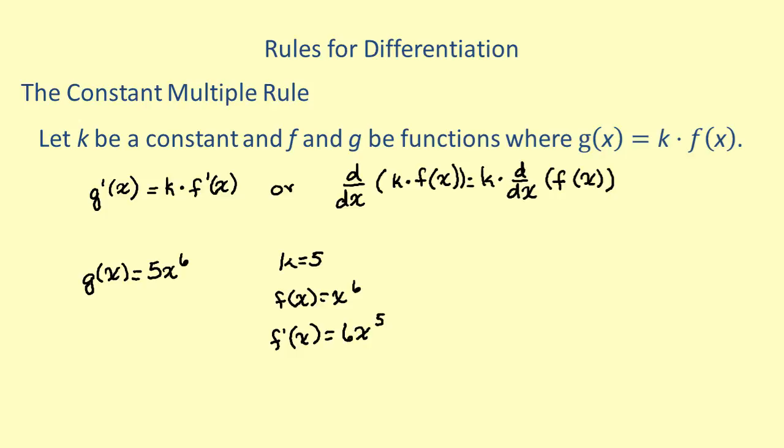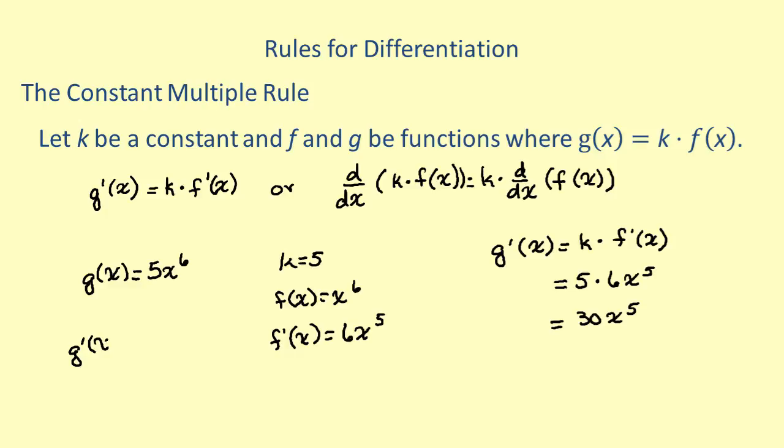Now substitute these values into g prime of x equals k times f prime of x to get 5 times 6x to the 5th. Simplifying this results in 30x to the 5th. Therefore, g prime of x equals 30x to the 5th.